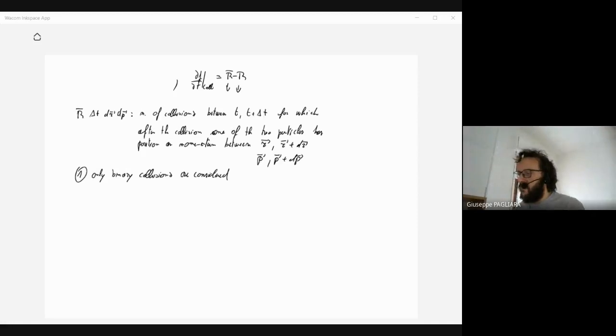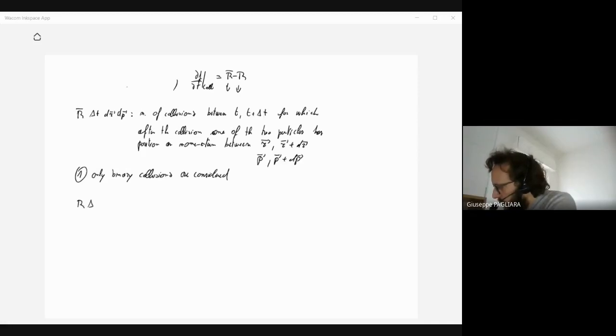So it's the refilling, if you want, of particles due to collisions in the volume dr dp centered in r and p. Okay. So this is after the collision. So how many particles, if you want, enter this volume? That's why there is a plus here, because R bar will increase f, so increase the distribution, because it increases the number of particles in that specific volume of mu.